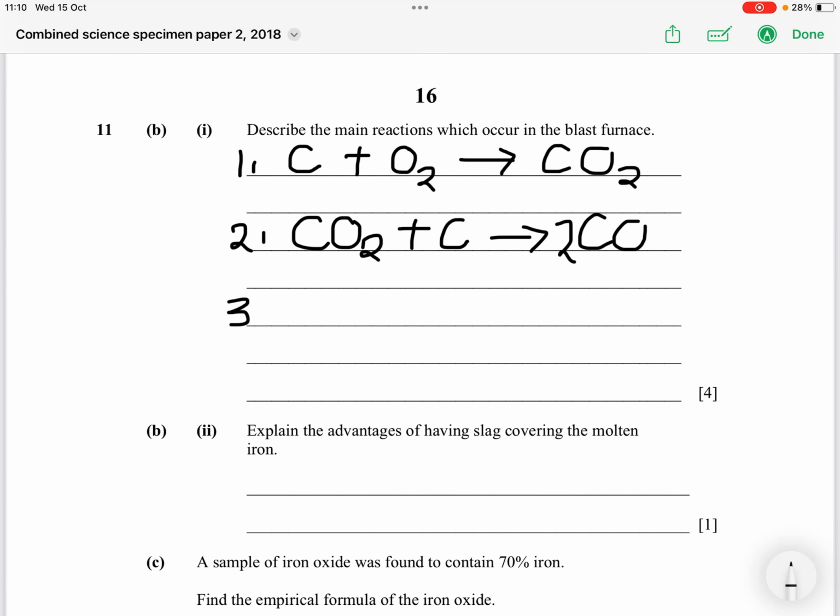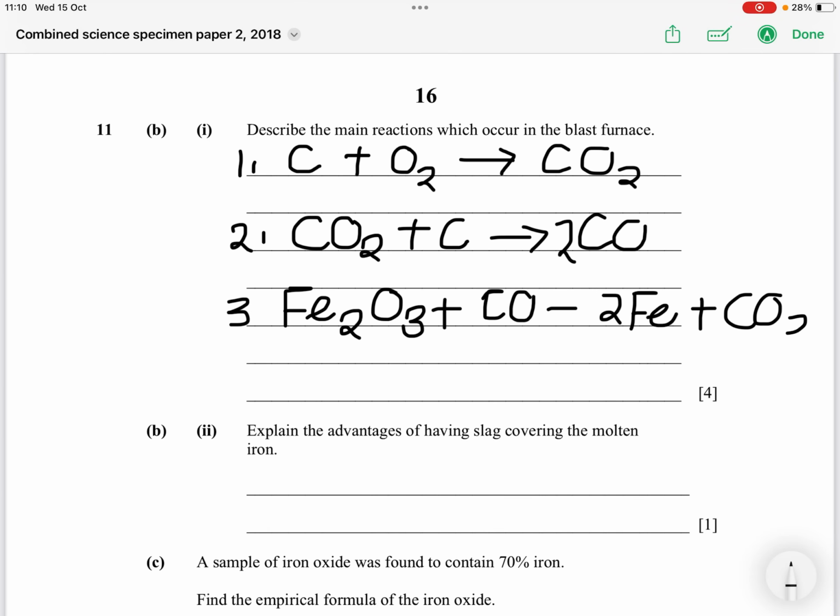And then number 3, the carbon monoxide acts as a reducing agent, and it reacts with iron ore to give us molten iron. So we say iron ore plus carbon monoxide gives us pure iron plus carbon dioxide.